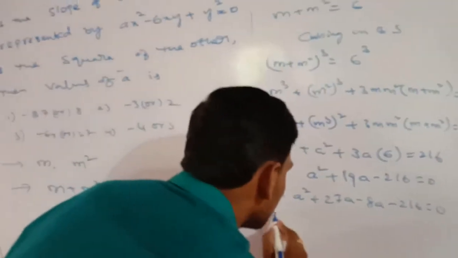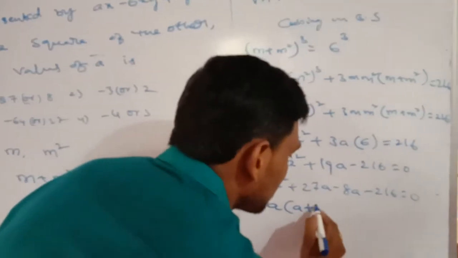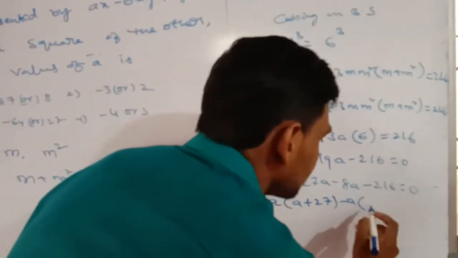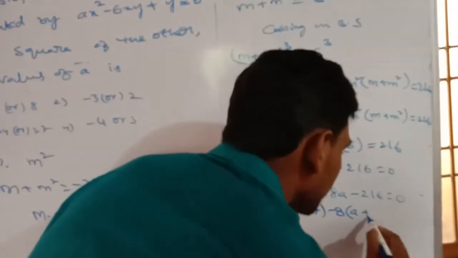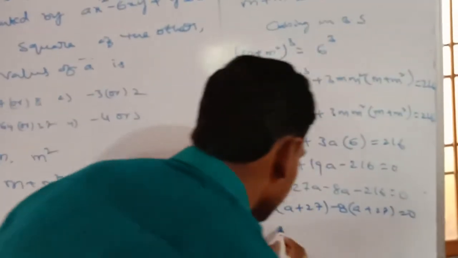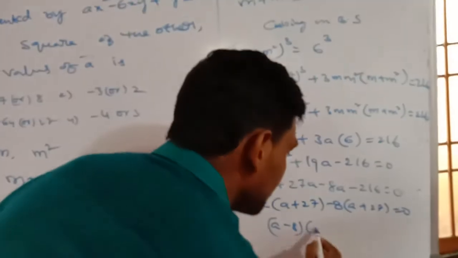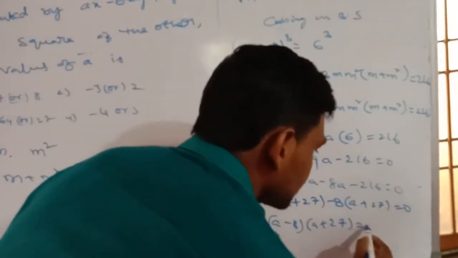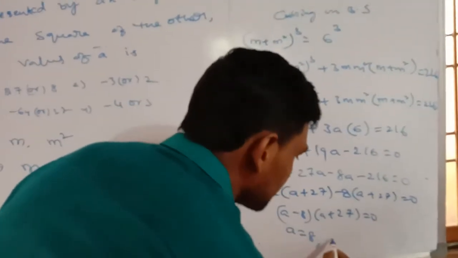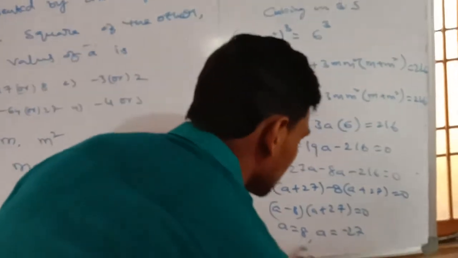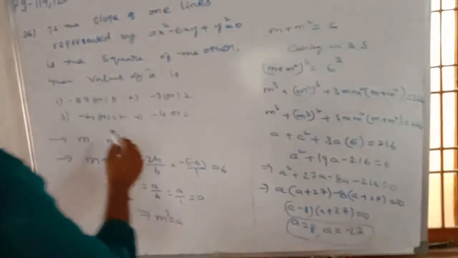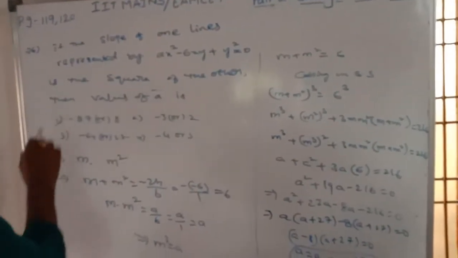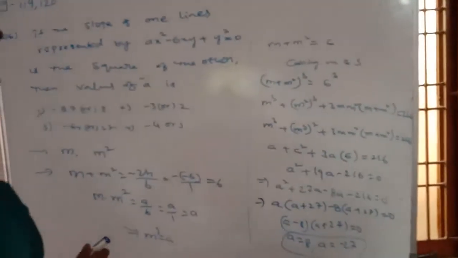That implies a common: (a plus 27) minus 8 (a plus 27) is equal to 0. And this is (a minus 8) into (a plus 27) is equal to 0. Here a is equal to 8 or a is equal to minus 27. Now the values of a is minus 27 or 8, see the options.